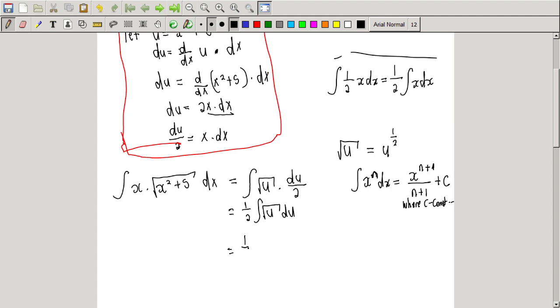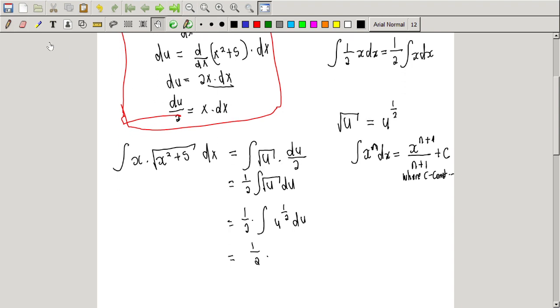So this is the same as 1 over 2 multiplied by u to the power of 1 over 2 du. So since we know, we're going to say 1 over 2 multiplied by u to the power of 1 over 2 plus 1.